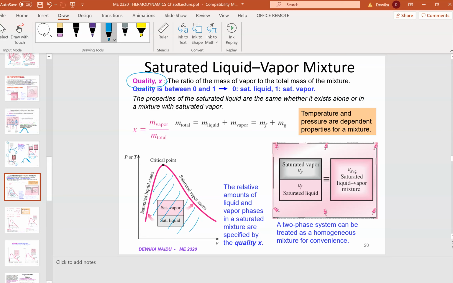It is the mass of vapor to the total mass of the mixture. When you have 0, it is totally at this point here, which is 0 vapor. When you have 1, it means it's 100% vapor. When you progress from this side to here, you approach 1. So x is the mass of vapor divided by m total.